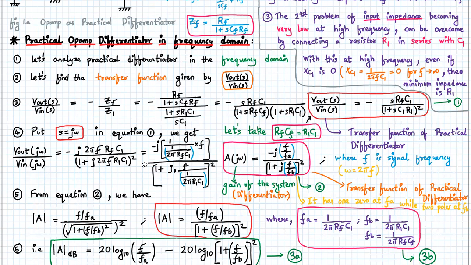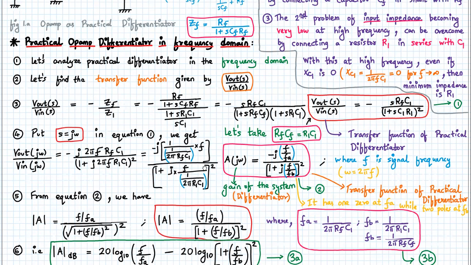the whole square. Now, we rearrange this term smartly so that in the numerator we have minus jf divided by 1 upon 2 pi RF into C1. We will shortly understand why we do this. And in the denominator, we'll write the equation as 1 plus j times f divided by 1 upon 2 pi R1 C1, and we complete this bracket and the square.